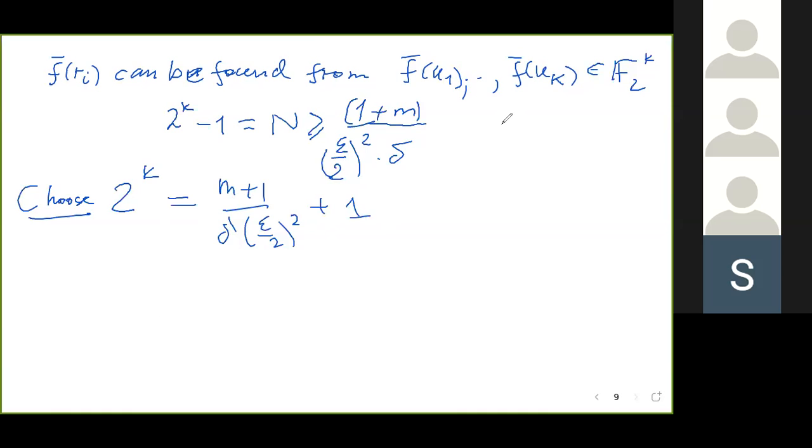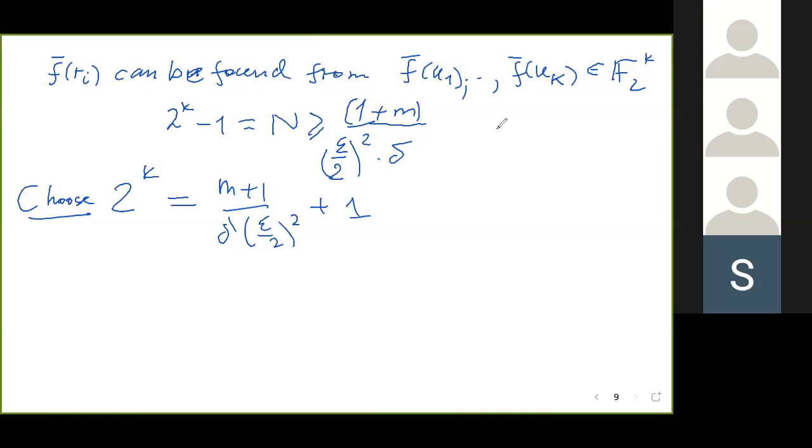To find the unknown information, we need a logarithmic number of bits. In other words, we can use all possible 2 to the k values of this vector. And for each vector, we can make the majority vote and then form a list.